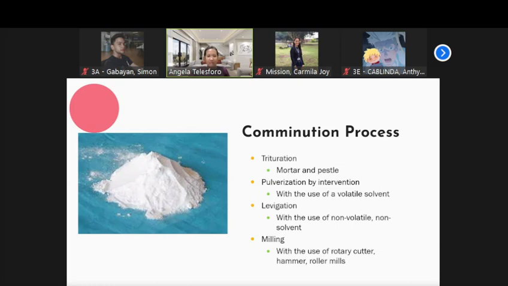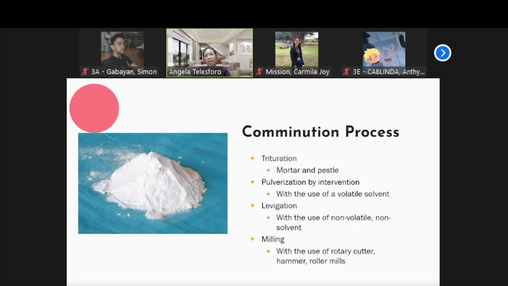Okay, so we go to comminution. Who has difficulty pronouncing comminution? This is the process of decreasing the size of your drugs, of your powders.